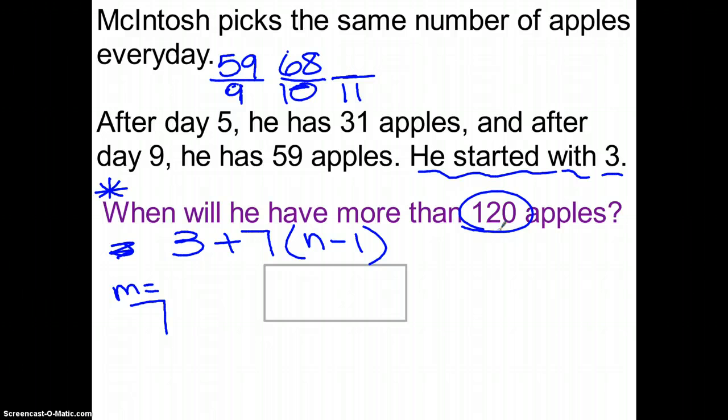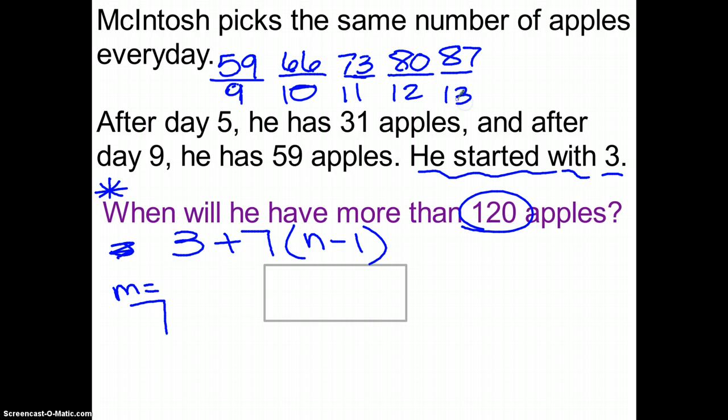So if I actually add 7, that would be 66. Add 7, which would be 73, 80, 87, and so on. And you can keep going until you get just barely more than 120.